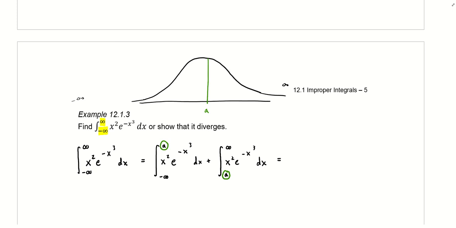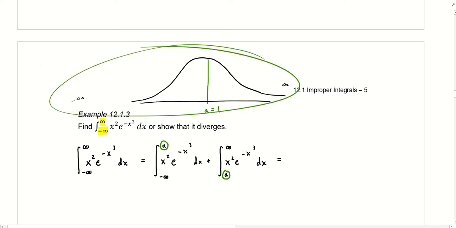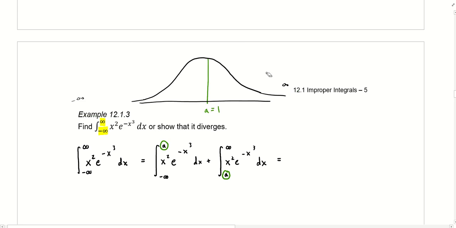So I'm just going to pick a nice, easy value to work with. A really nice, easy value to work with for a is 1. So I'm just going to go ahead and use 1 as the point on this whole region where I'm splitting my area from negative infinity to that point, to 1, and from 1 to positive infinity. So I'm going to rewrite these one more time where I'm actually putting in a value for a.